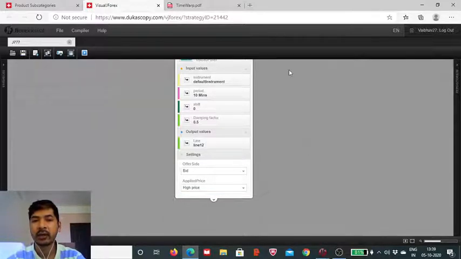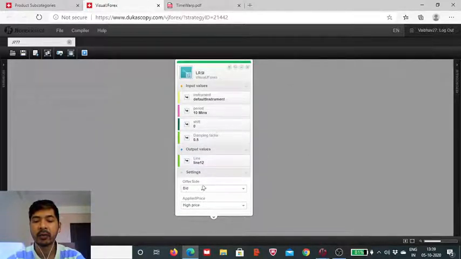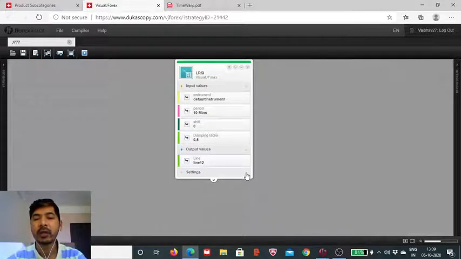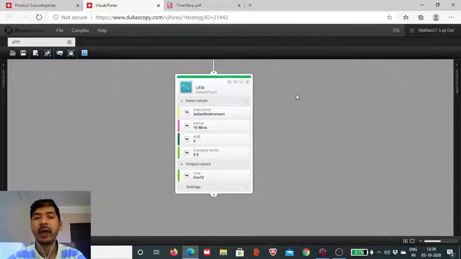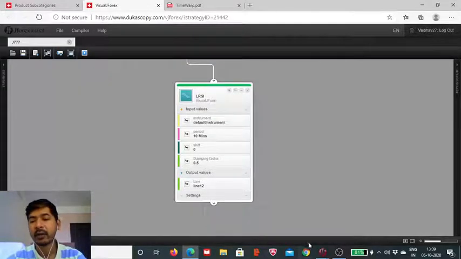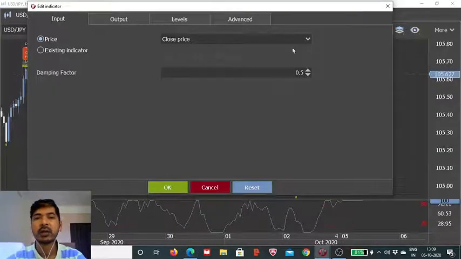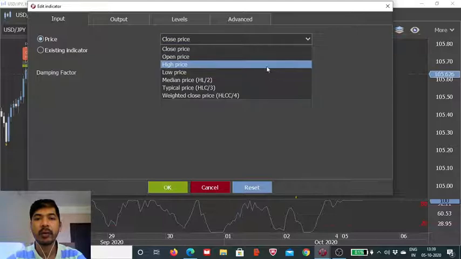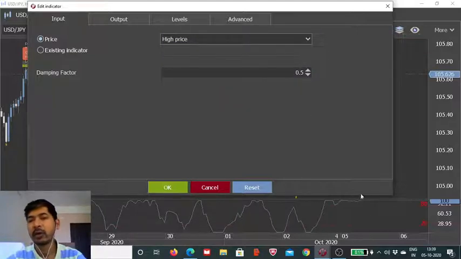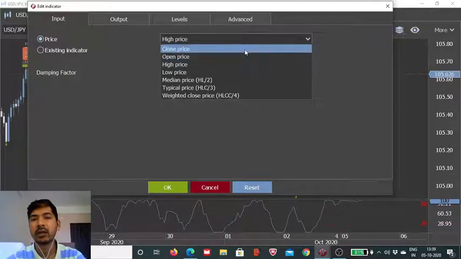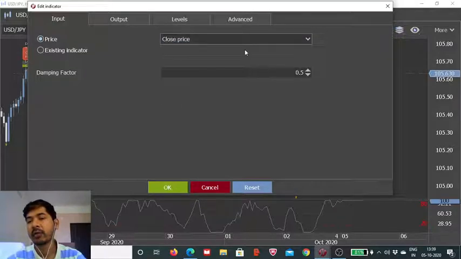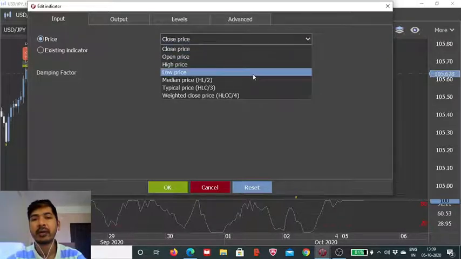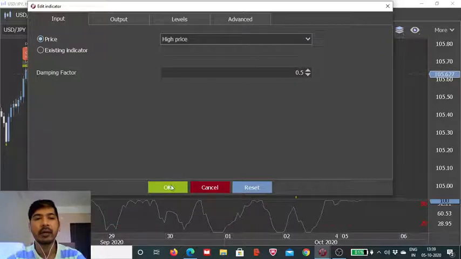So let us change it to high price, and of course you must be aware that on the bid side and the ask side there is a spread, and because of that there will be a minor difference between the values of the LRSI. Now we change the applied price to high price, and you can observe a sudden deviation between the prior values and the current values. Okay, we keep it at high price.